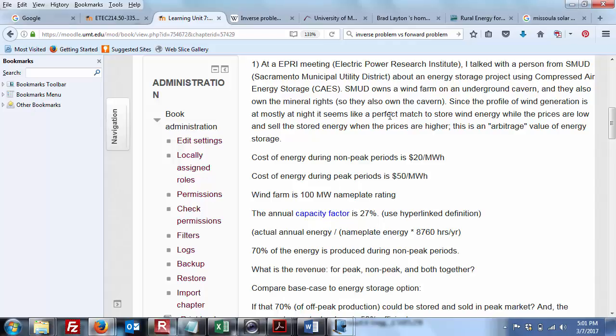The cost of energy during non-peaking hours is $20 per megawatt hour, or 2 cents per kilowatt hour. Cost of energy during peak is $50 per megawatt hour.